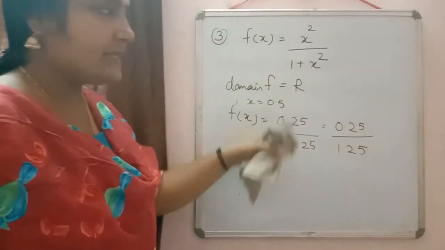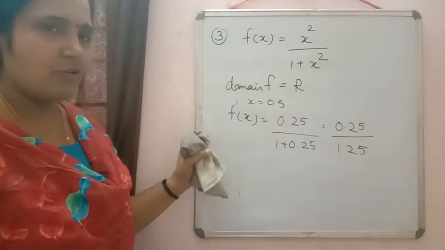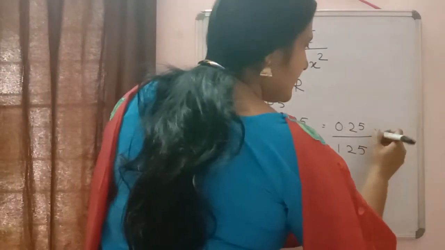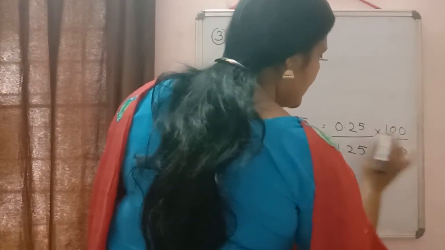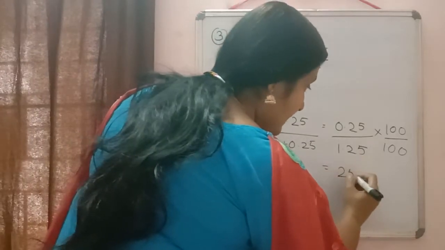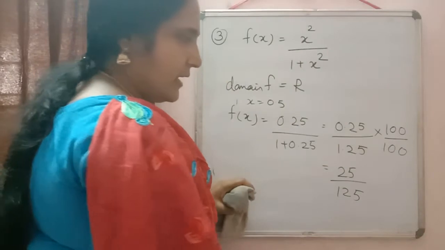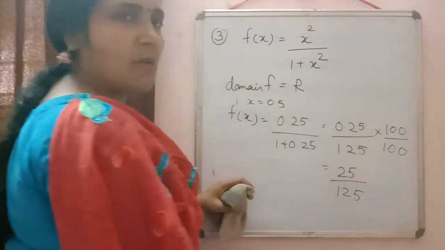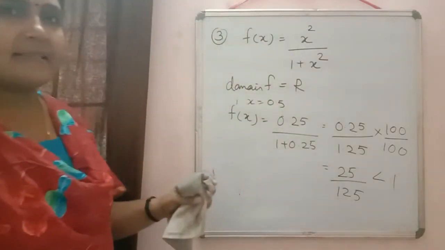Again, working with decimals will be difficult for us. So first what we can do? We can remove the decimal. So we can multiply it by 100. Why by 100? Because after the decimal we have 2 digits. So when we multiply, we will get here 25 by 125. Again, you can check the numerator is smaller than the denominator, so its value also will be less than 1.